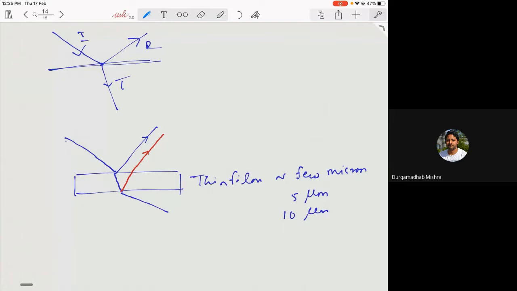So what is happening in this process? The light which is coming out on this side, you will have multiple of that. So you can have an interference of this light as well. Okay, so this is another way of observing an interference pattern.